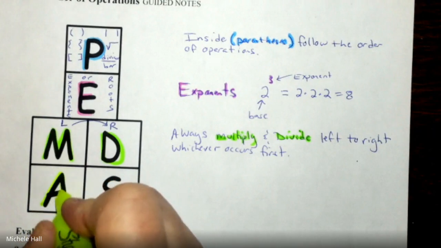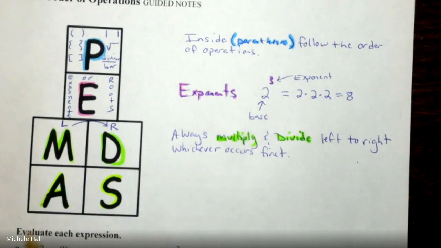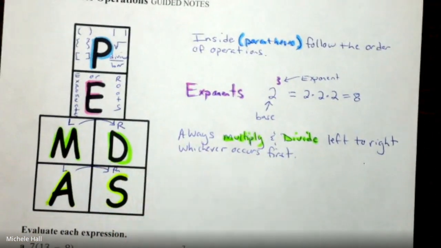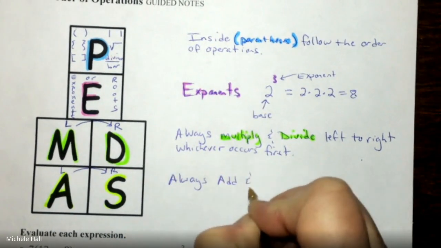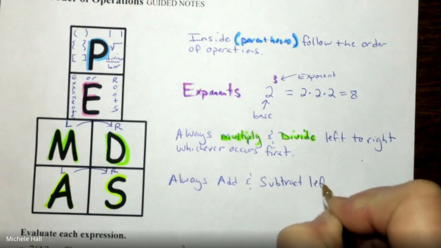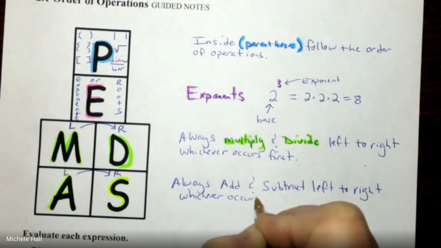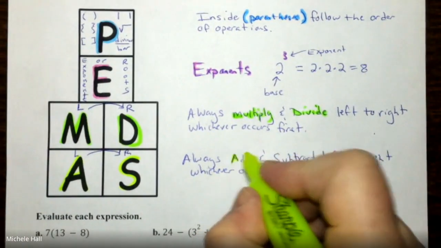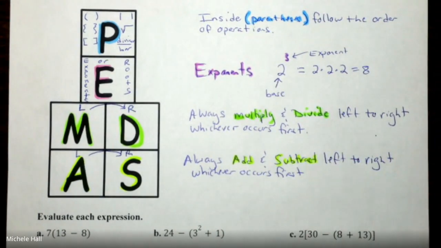Next in the order of operations is adding or subtracting, left to right, whichever occurs first. Always add and subtract left to right, whichever occurs first.